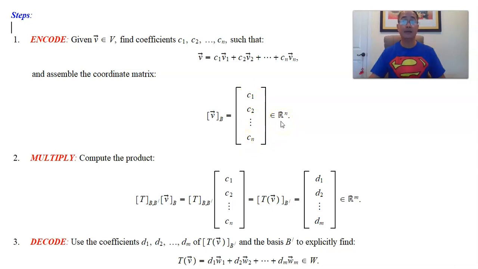Think of that as a vector in Rn. This is D1 through Dm. Think of that as a vector in Rm. Okay, so these coefficients are what we need in the decode step. Those coefficients mean something. If you multiply them by the corresponding basis vectors in B prime, the linear combination that you get is the answer that we want.